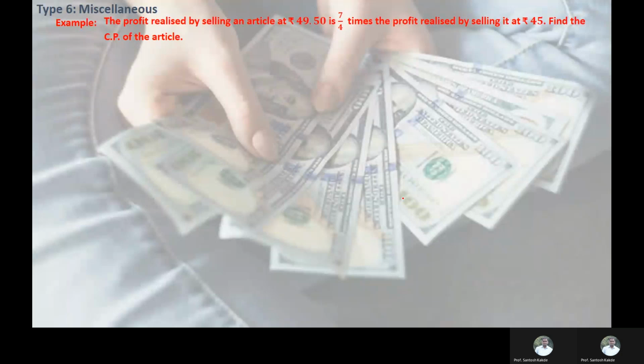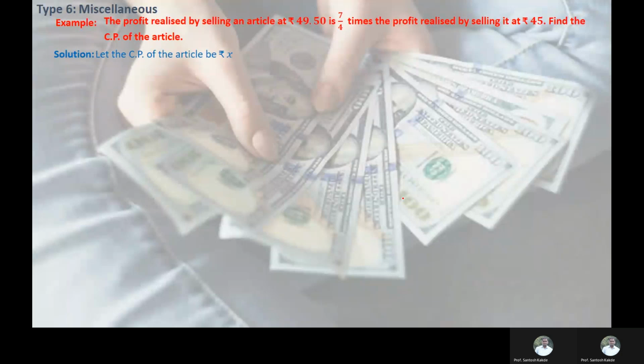The profit realised by selling an article at 49.50 is 7 by 4 times the profit realised by selling it at rupees 45. Sometimes common sense also works in such a type of example in profit and loss. Find the cost price of the article.